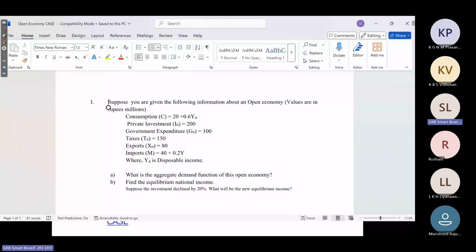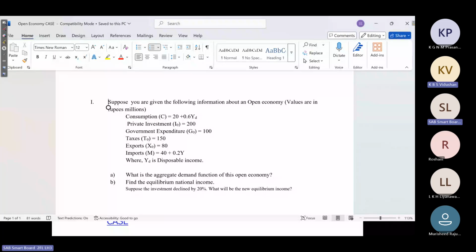We have been given the consumption function C, so we need to substitute: 20 plus 0.6 yd, plus investment 200. Very simple. Government expenditure, substitute the values. Export is 80. The import function is subtracted.